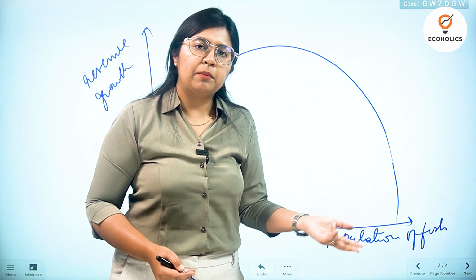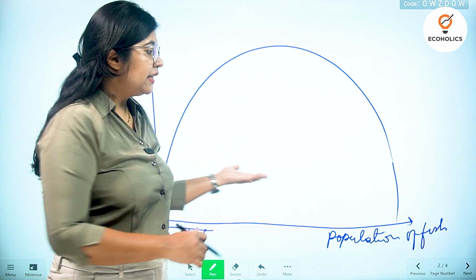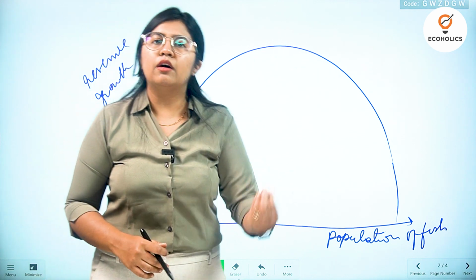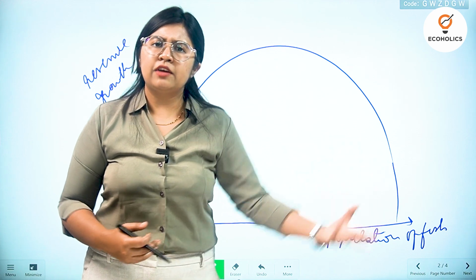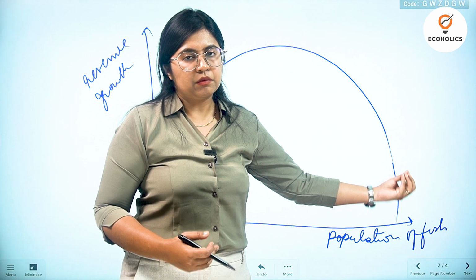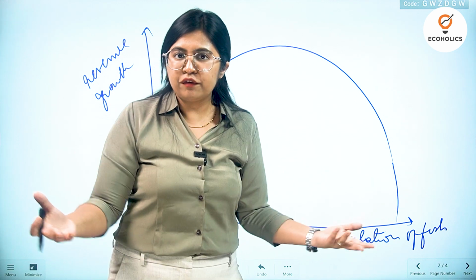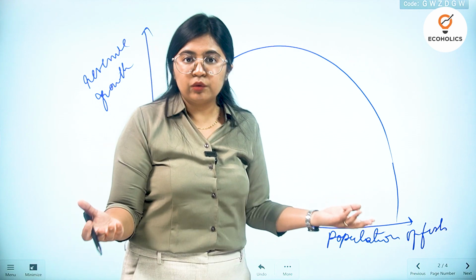Now let's talk about the revenue. So we also say that the revenue that is earned from these fish has a positive relationship with the population of the fish. So if there are more fish, more population, then of course the revenue will be good.